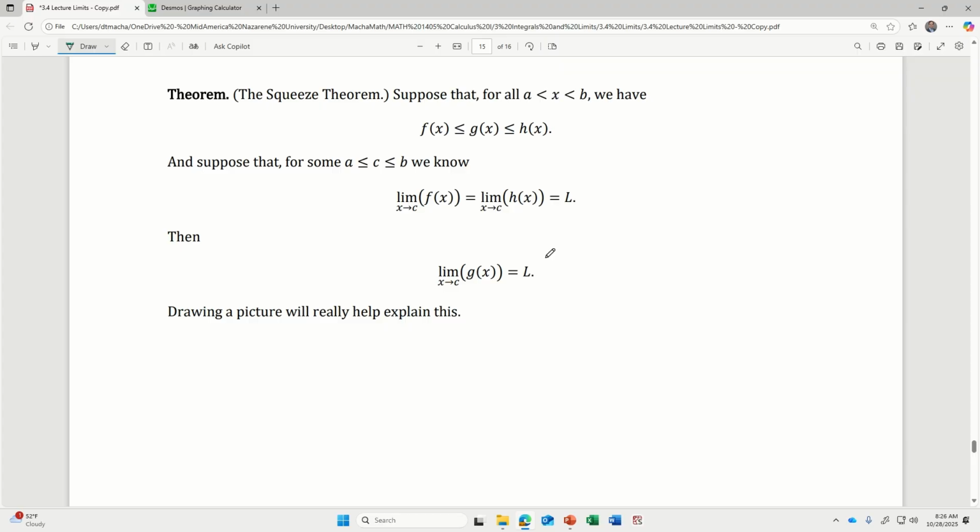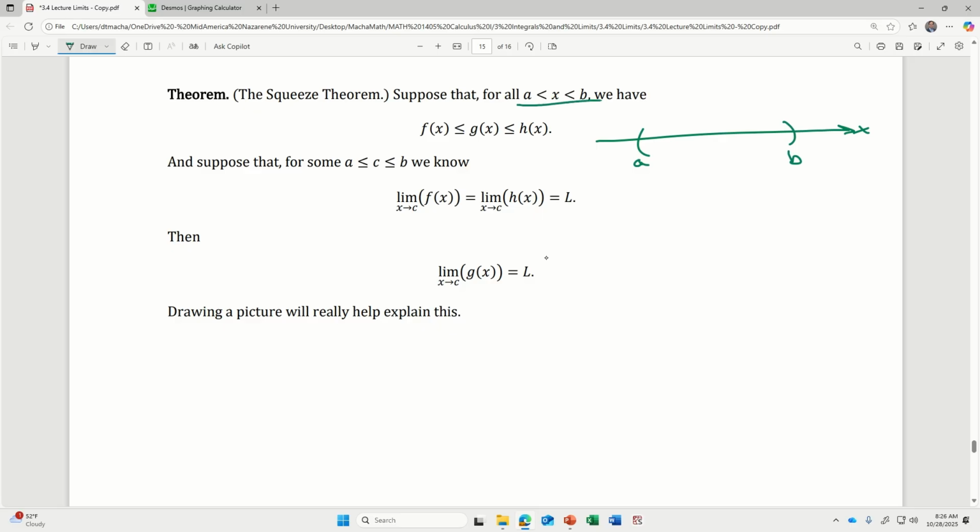This is called the squeeze theorem. And it says, suppose that I've got some interval along the x-axis. So here's my x-axis, and I'm concerned about the interval between a and b.